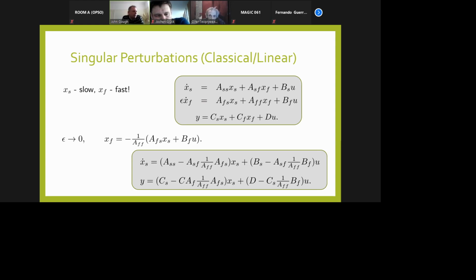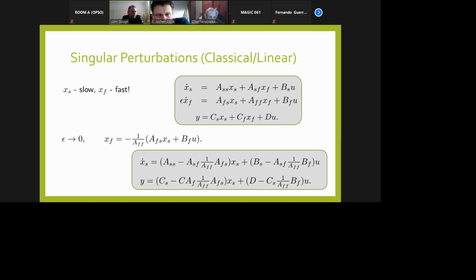So you might have a system and its state variable, you can break into two components. One is the slow set of variables and the other is the fast set. We're going to assume dynamics for the state variable which is linear, driven by inputs u, again in a linear way, and maybe leading to an output y, which is a linear combination of your state and the input. So it's an A, B, C, D construction.